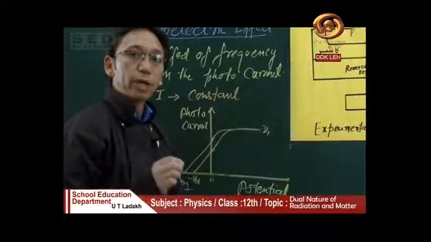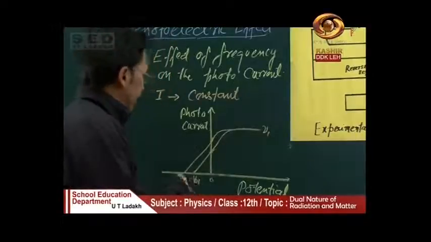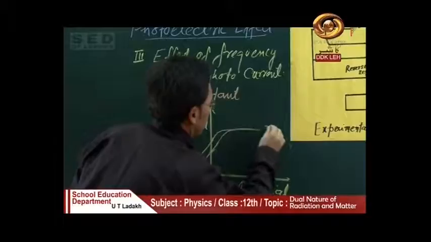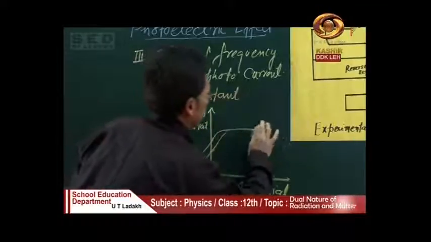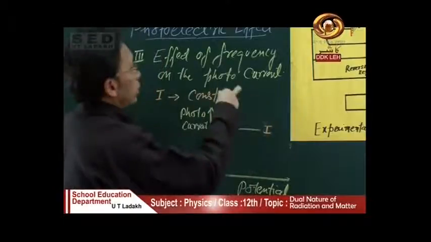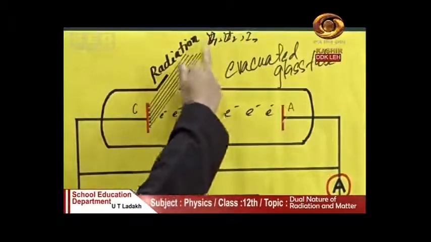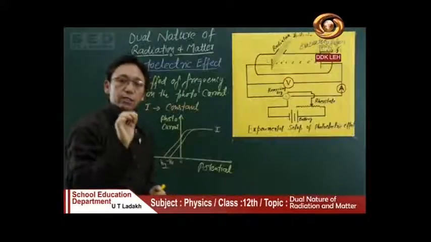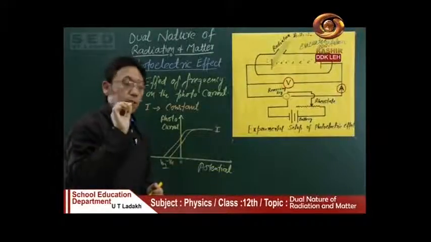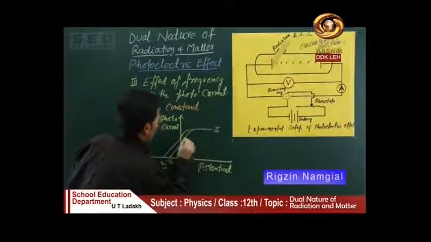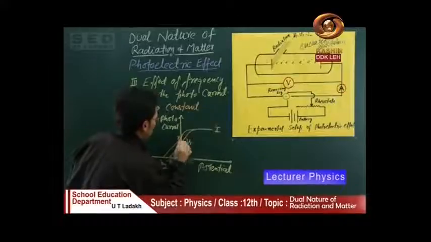Sorry, this is the current, and this is the intensity, the same intensity that we have used for all the different frequencies. We are changing the frequency, but we are keeping the intensity of the incident radiation constant during the experiment. So this one is nu1. This one is nu2.